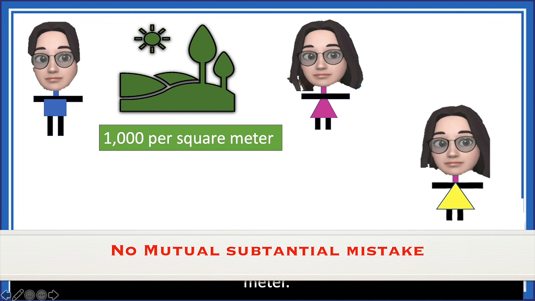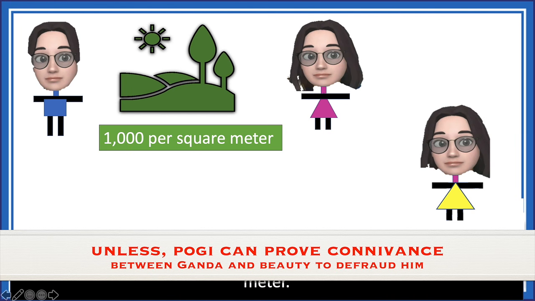Okay? Kasi nga, sabi ni Article 1342, misrepresentation by a third person does not vitiate consent. Pwede lang if ma-prove ni Pogi that or if yung nangyari pala is that nagkaroon ng connivance si Ganda at si Beauty. Kumbaga, nagkaroon ng sabwatan para mas ma-lower yung price ng pagbebenta ni Pogi.